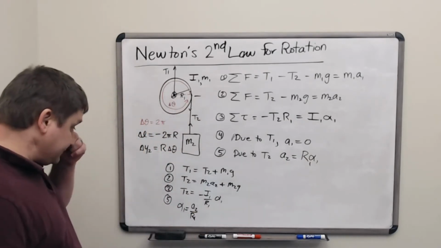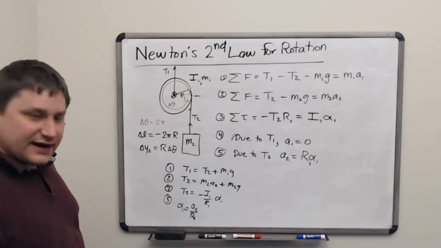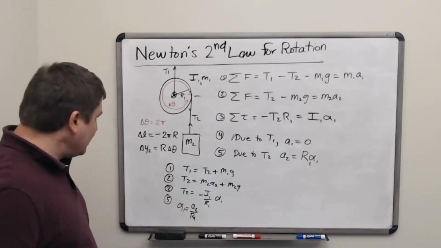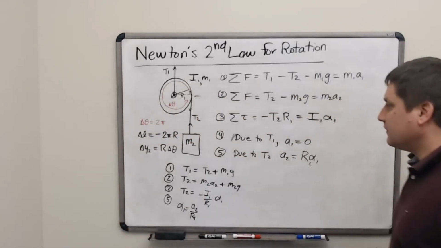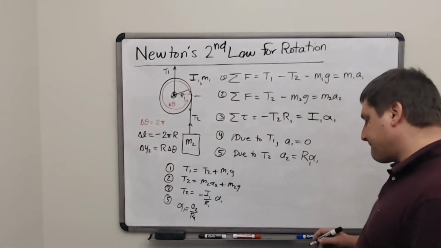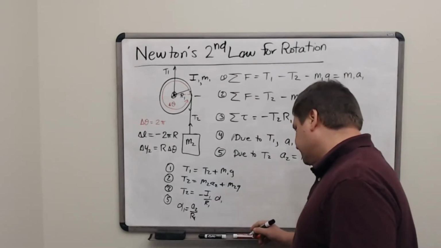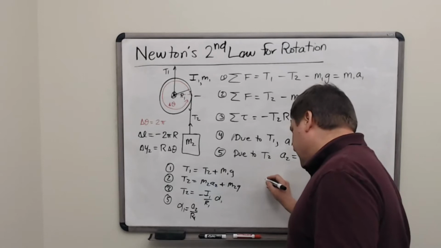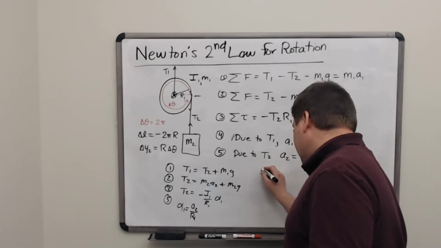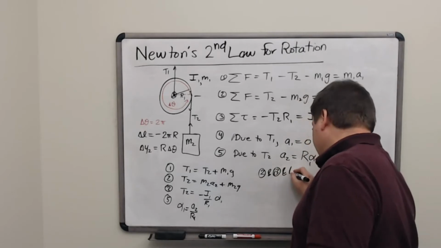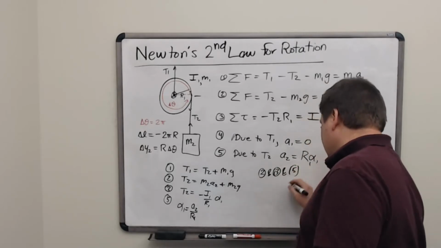Okay. So let's pretend here now that we want to solve maybe for the acceleration A2 of this mass 2. So we'll eliminate A1 out of there. If I put together equations 2 and 3 and 5, then what do I get?